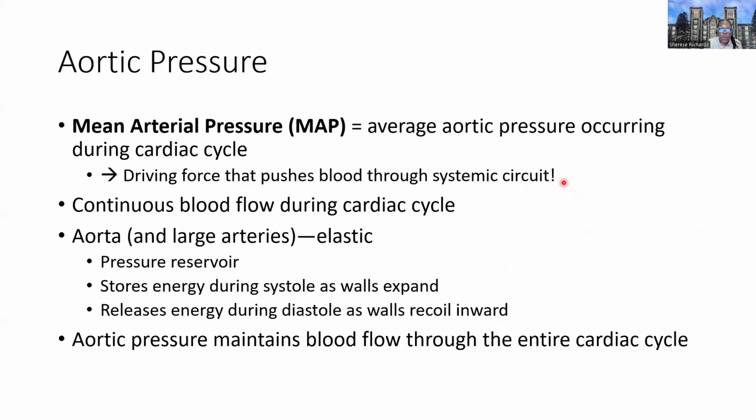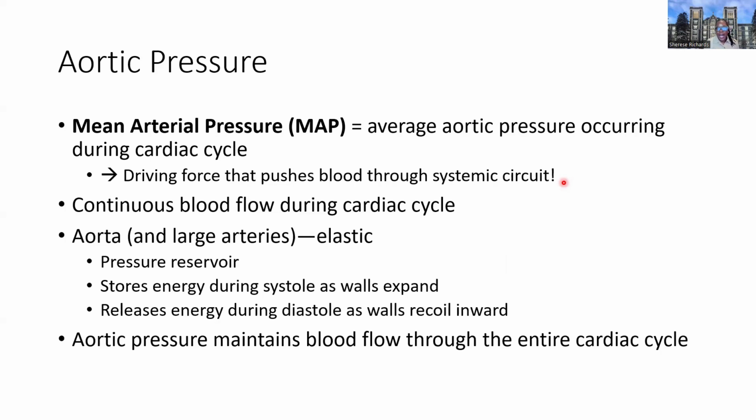Okay. We also want to describe the mean arterial pressure here. This is the average aortic pressure throughout the entire cardiac cycle. So important to think that this is just the aorta, not all of your vessels, but it can tell you a great deal about the driving force that moves blood throughout your entire vasculature. So the mean arterial pressure is the average pressure in the aorta.